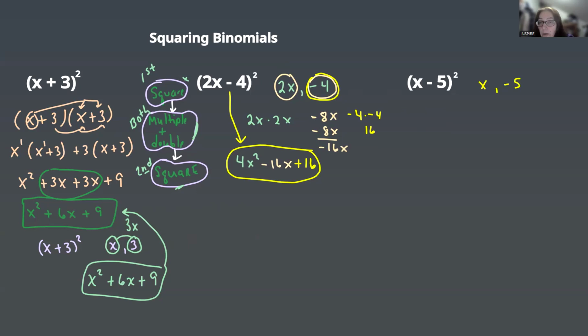Step one, square the first term. So x times x equals x squared. Step two, multiply the two terms together.